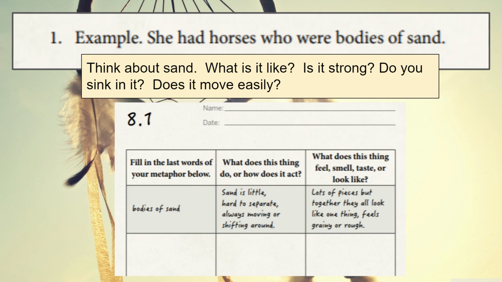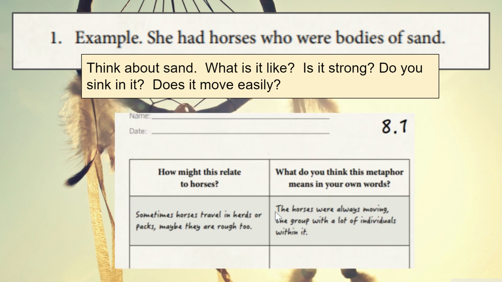How does it feel? It's grainy. It's rough. It can have a soft texture to it, but deep down, the grains of it are going to be more rough. So those would take care of the first three columns.